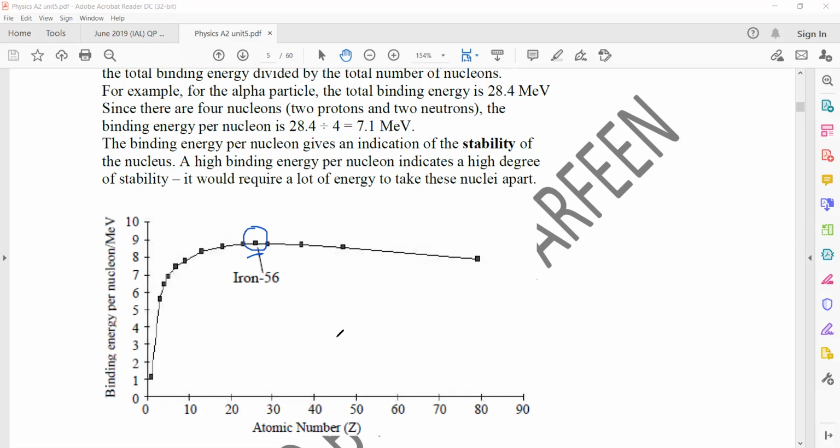That is also a reason why the heavy nucleus will undergo nuclear fission and the lighter nuclei undergo nuclear fusion. What is the reason? Because they want to reach nuclear stability, and they can reach this nuclear stability once they have the highest binding energy per nucleon.